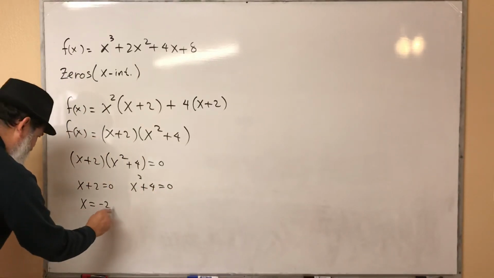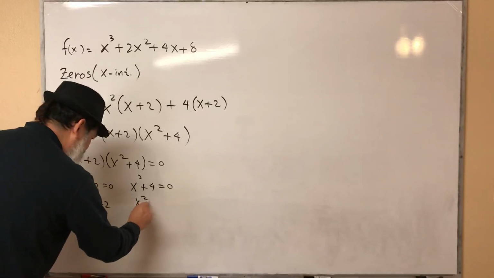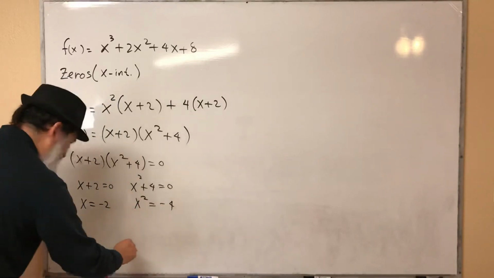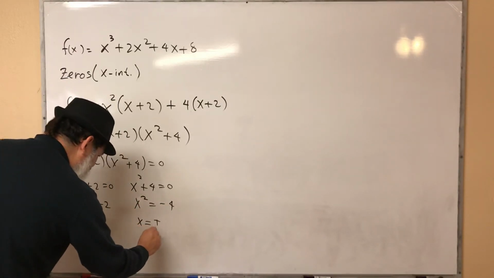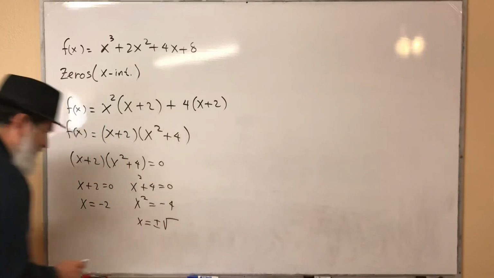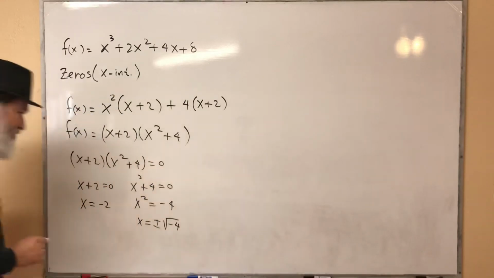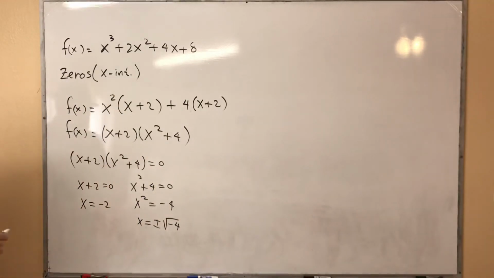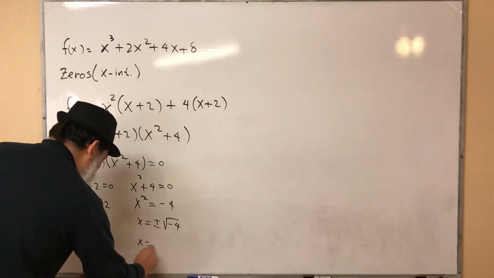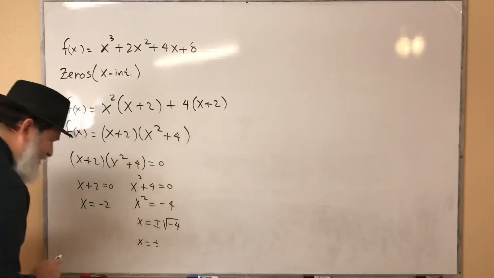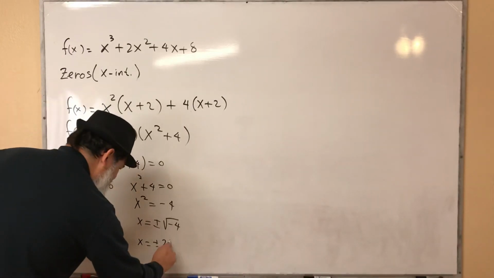X equals -2. X squared equals -4. X equals plus minus the square root of -4. Yes? Take the square root of both sides. And so x equals plus minus what? 2i.